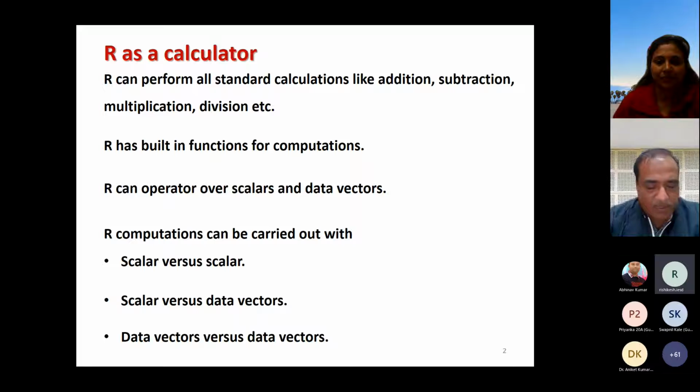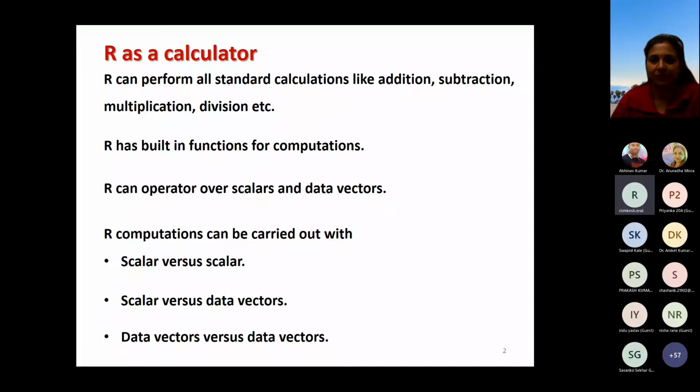Regarding the capabilities of R, although I'm going to talk at a very elementary level today, I think mathematical and statistical calculation is the biggest strength of this software, which made it extremely popular.